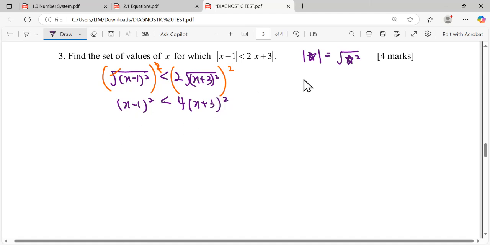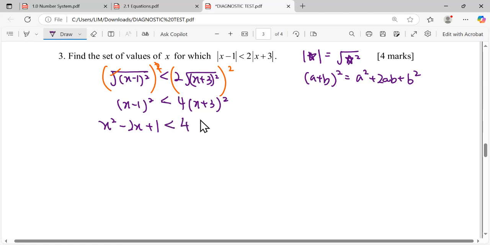Then we expand. Remember, when you expand, it will be a squared, then 2ab, and then b squared. So it will be x squared, 2 times x times negative 1, you will get negative 2x, and then b squared, we get positive 1.